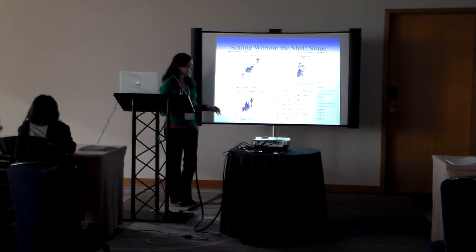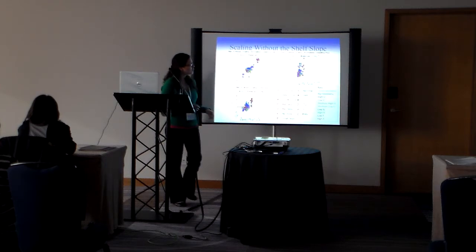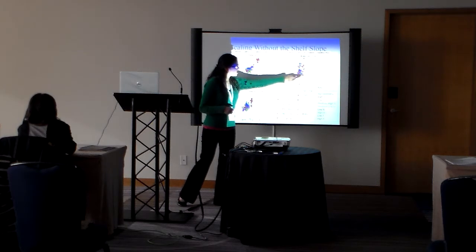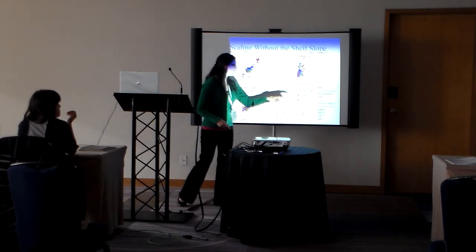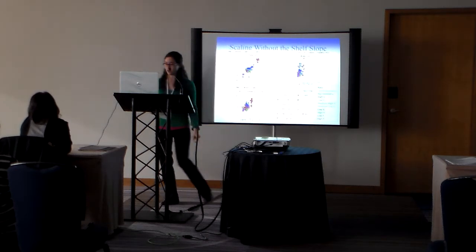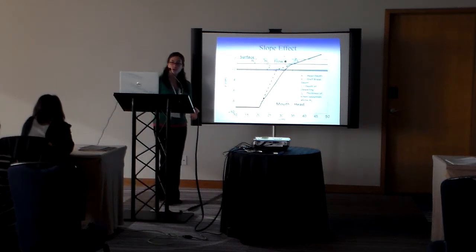Ideally, we would want all these cases to fall along those one-to-one lines. But we can see that there's lots of scatter, and we have really high normalized residuals. In particular for the flux cases, these red ones are high U velocities and the different shapes are different slopes. So you can see there's tons of scatter there.